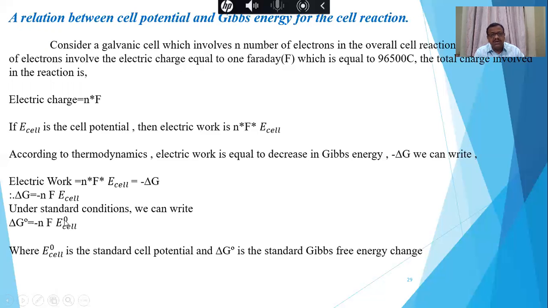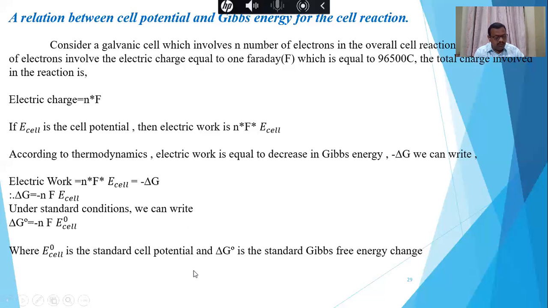Under standard conditions, delta G standard is equal to minus nF E standard cell, where E standard cell is the cell potential and delta G standard is the standard Gibbs free energy.